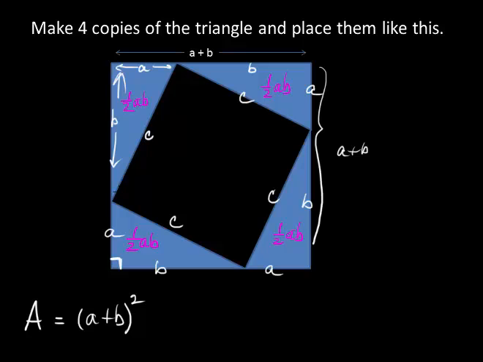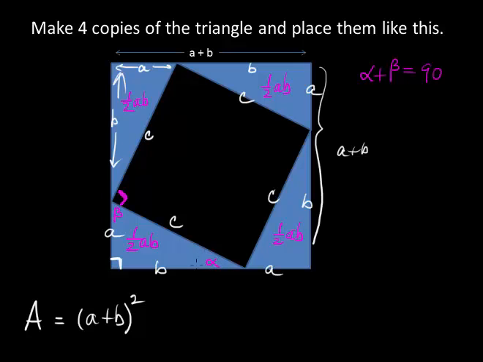And the square in the middle, we should make sure it's a square. That has to be a right angle. But remember, the smaller acute angle here, the smaller one we called alpha, and the bigger one we called beta. And we knew that alpha plus beta, let's just jot this down up here, alpha plus beta was 90 degrees.